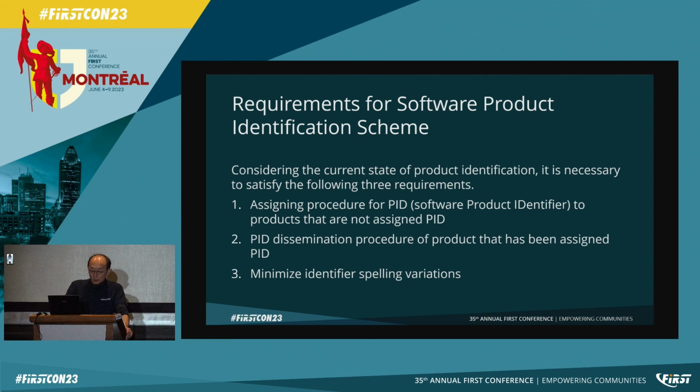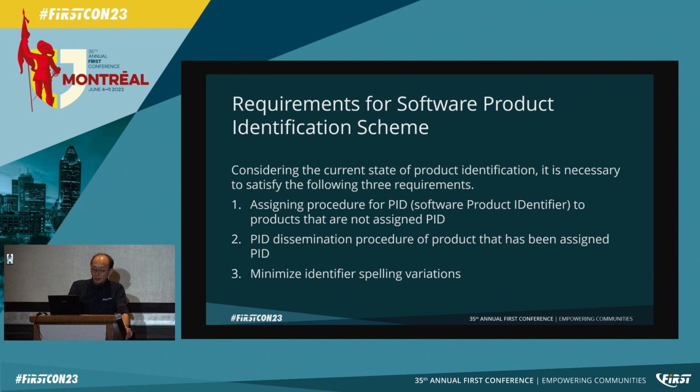Number one is associating a PID to products that are not yet assigned a PID. It is critical to establish a systematic procedure for assigning PIDs to products that currently do not have an identifier. Number two is a PID dissemination procedure for products that have an assigned PID.